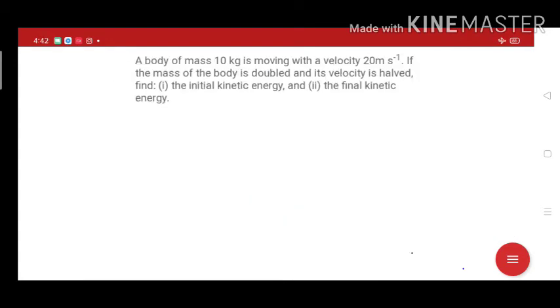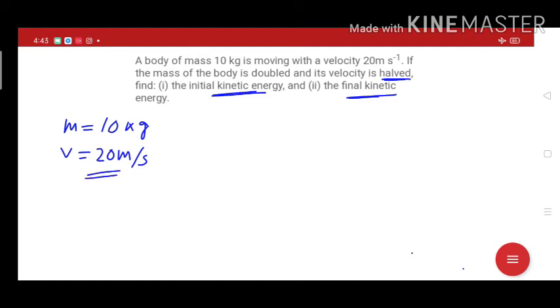So a body of mass 10 kg, that means mass is given, that is 10 kg. The velocity is given, that is 20 meter per second. If the mass of the body is doubled and the velocity is going to be halved, then you have to find out the initial kinetic energy and the final kinetic energy.